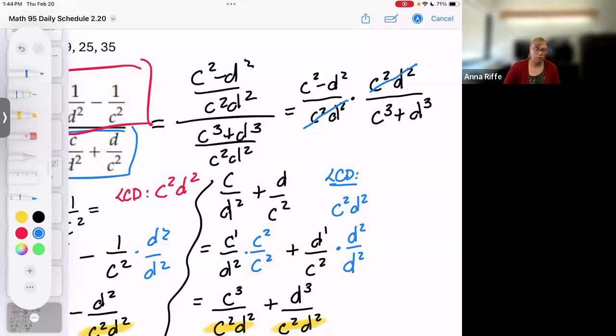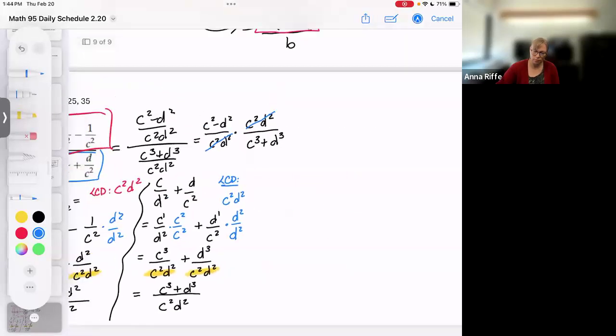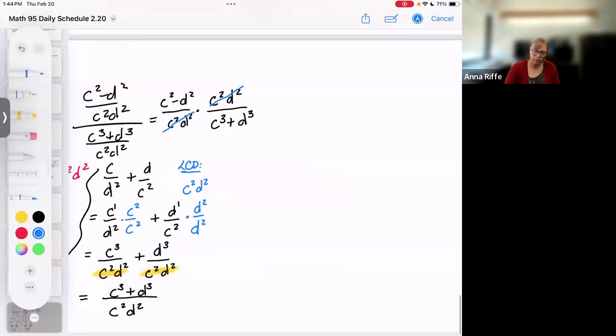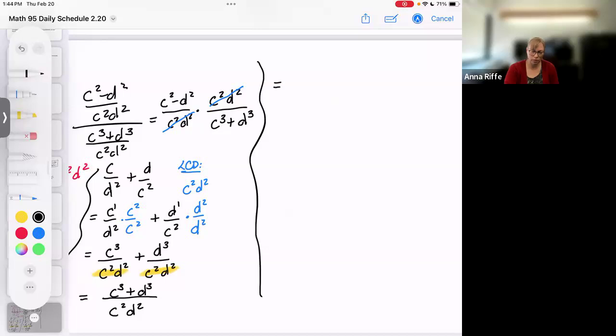I really need more room for this problem. Oh, I have more room. Look at that. Okay, so I would immediately see that those cancel. Now let's maybe write what remains and I can do the rest vertically.